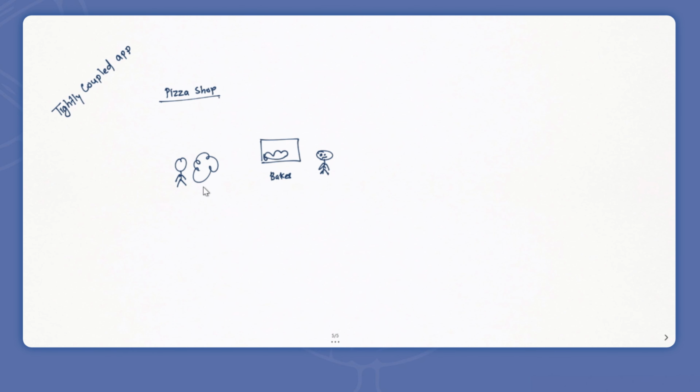Now, tightly coupled apps. There is a pizza shop. One person makes the dough and another puts it in the microwave or oven and bakes it. Both are required, because he cannot bake without this person, and if one makes it and the baker is not available, then it's a waste.